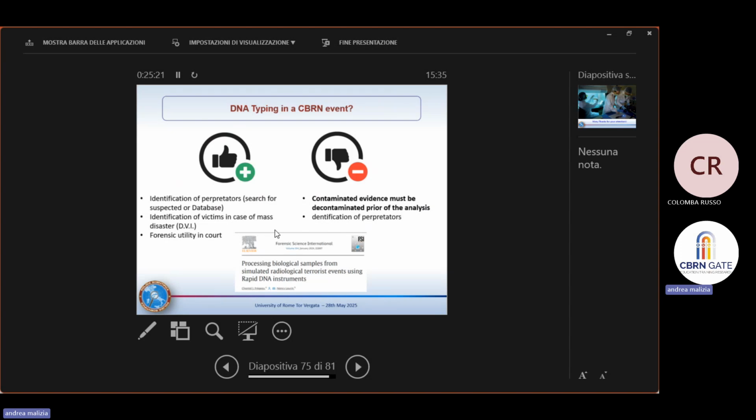In that case, anyway, before being analyzed, they must be decontaminated. Decontamination of biological substances like anthrax spores consists of treatment for at least 20 minutes at 120 degrees. This can destroy spores, as can the use of chemicals. This destroys spores, but of course also destroys the DNA of the perpetrator. So this must be considered.